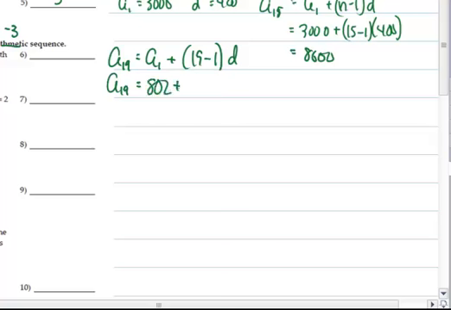And the difference value is, we have to subtract 777 minus 802. And so that's a negative 25. And the 19th term will be 352.